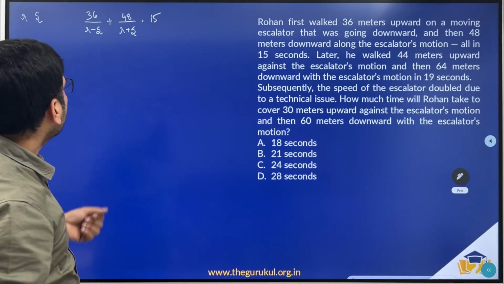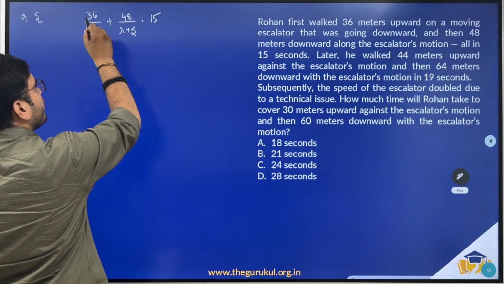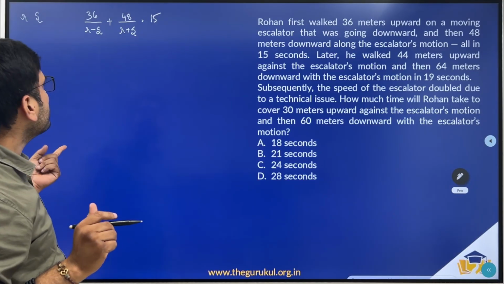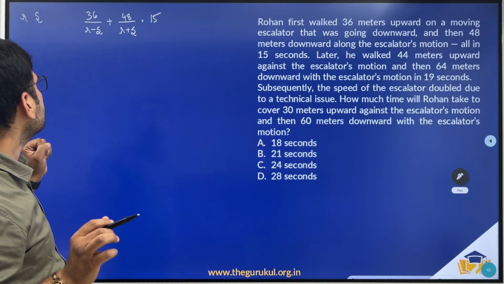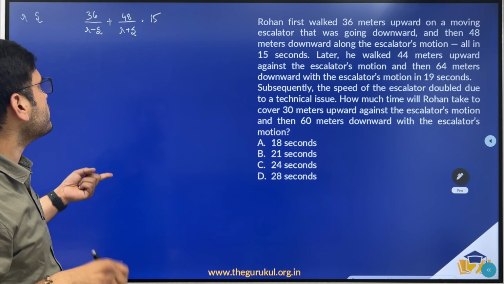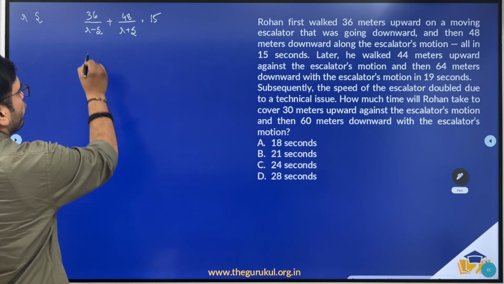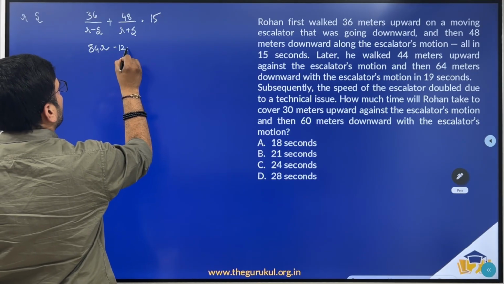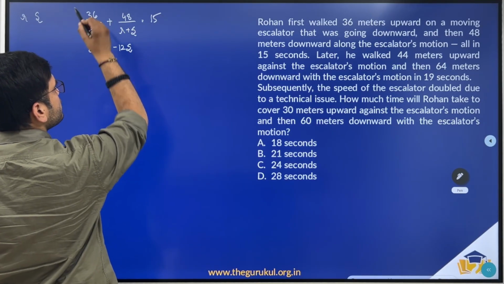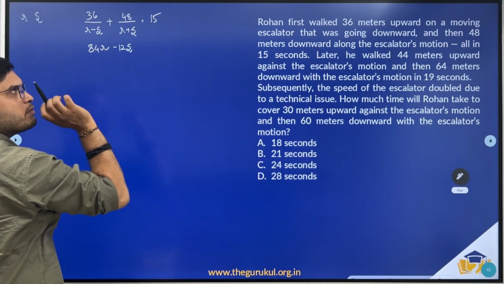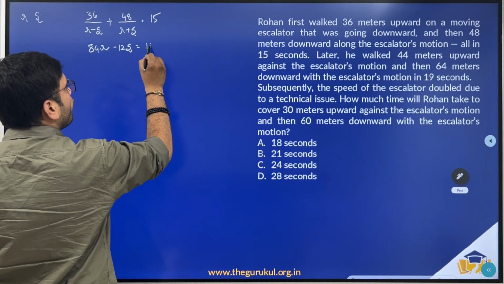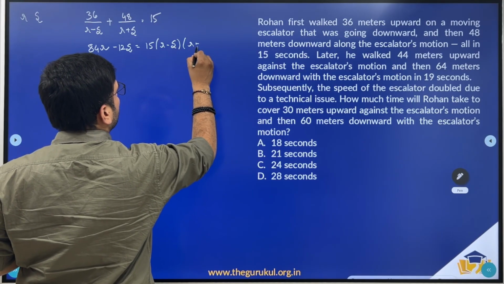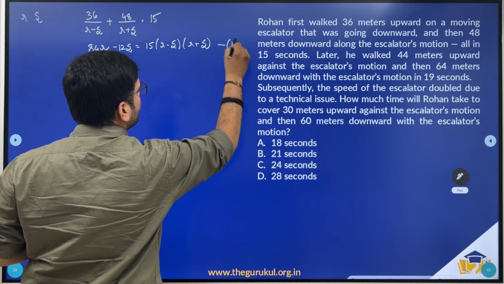Now 36r plus 36s plus 48r minus 48s. Now 36 plus 48, so 36 plus 40 is 76, 76 plus 8, 84. So we have 84r minus 12s, since minus 48 plus 36 is minus 12, which is equal to 15 into r minus s into r plus s. Done. So let this be equation 1.